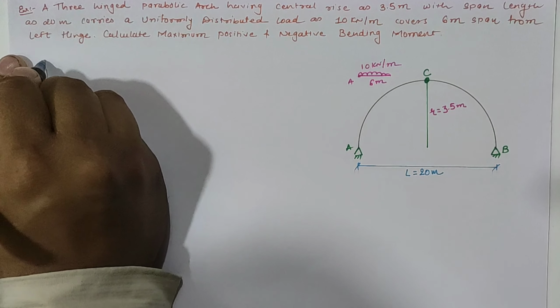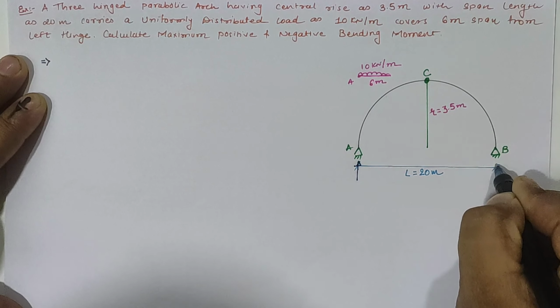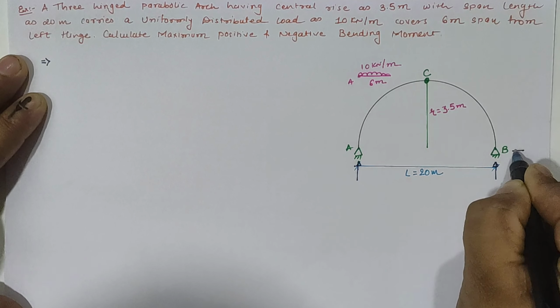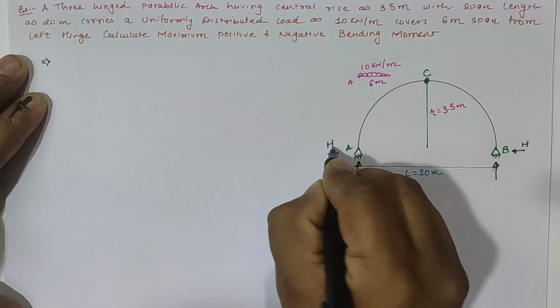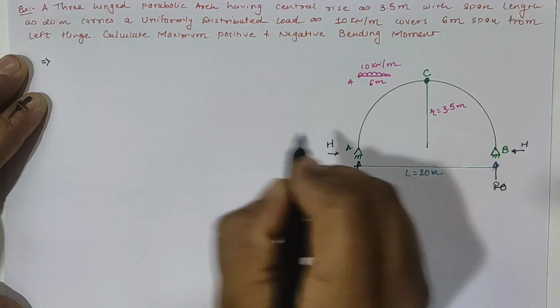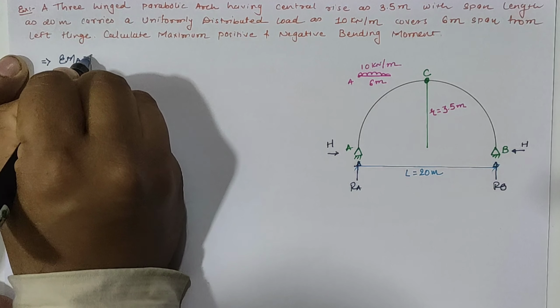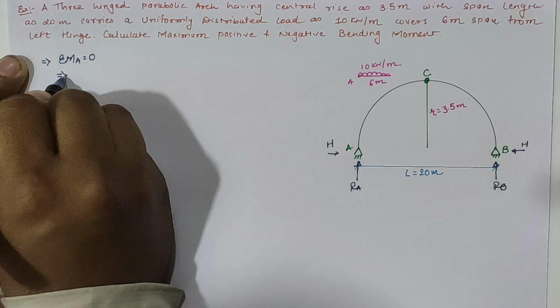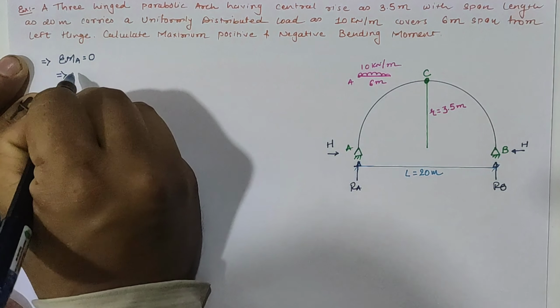First of all, we require the reaction at A, the reaction at B, and the horizontal thrust at location B as well as at location A. If we take moment at A equal to 0, then 10 into 6 by 2 is in the clockwise direction.